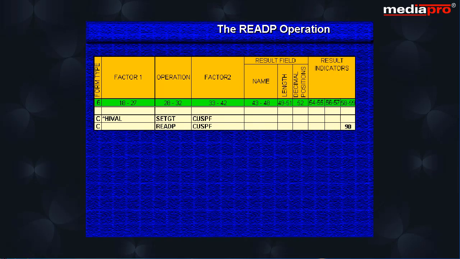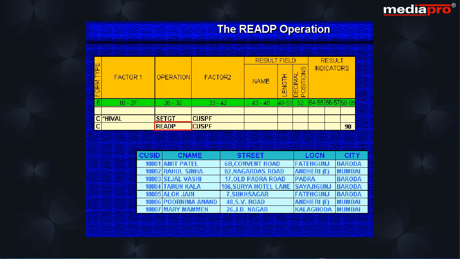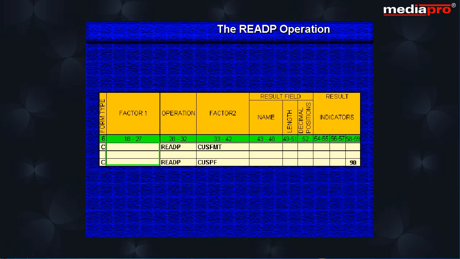Another operation that we can use to retrieve records is the READP (read prior record). The READP operation is similar to the read operation except that it reads backwards through the file. Here, the factor 1 entry is not used.